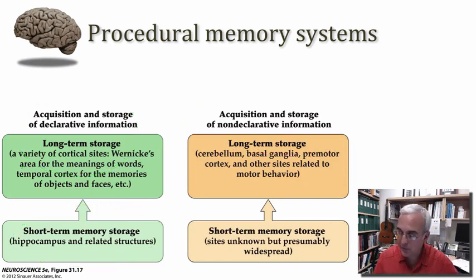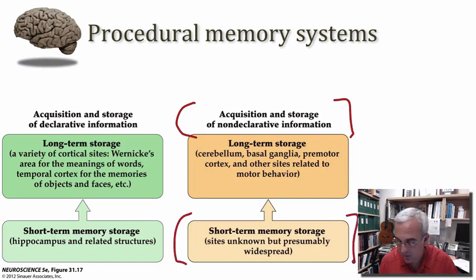So when it comes to our memory systems for non-declarative memory, we're just now really beginning to do the kinds of experimental work in humans and non-human primates that would shed more light onto the kinds of systems that are essential for acquiring these kinds of memories, for consolidating them, and then for long-term storage. Now, our figure from the book indicates that, well, we don't know really what's involved with the short-term acquisition of declarative memory.